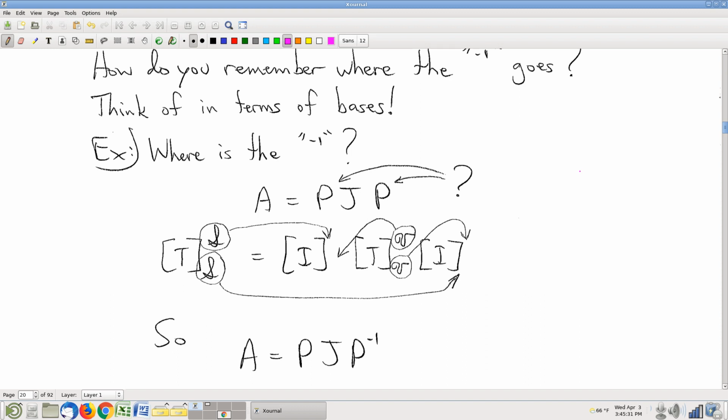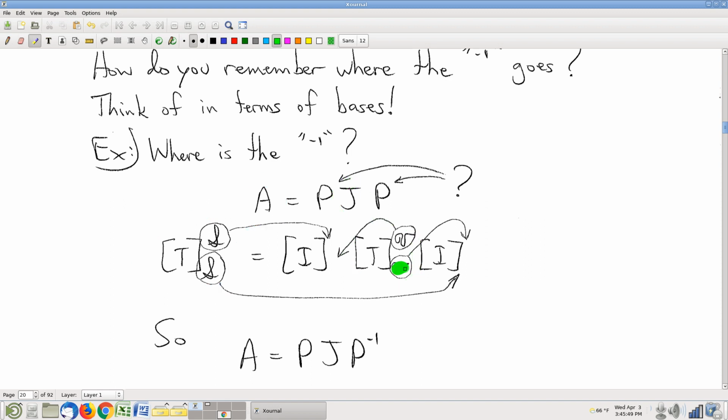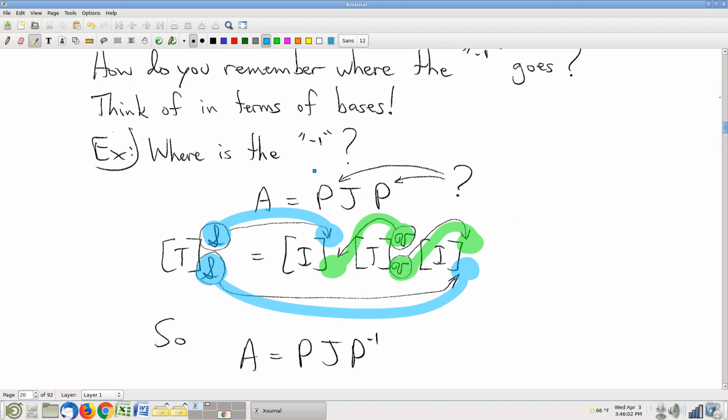What is always the case, and will always resolve these questions for you, is this: if you write A as describing a transformation with respect to some basis, write J as describing the same transformation with respect to a different basis. Remember that this basis has to be the same as that basis, and this has to be the same as that. Then you can read straight off what that matrix is.